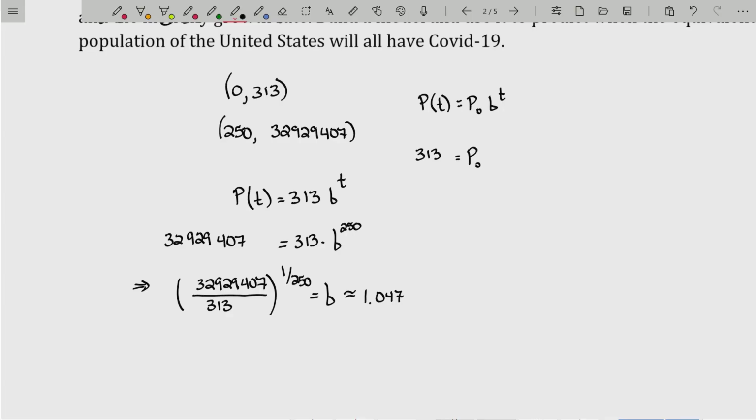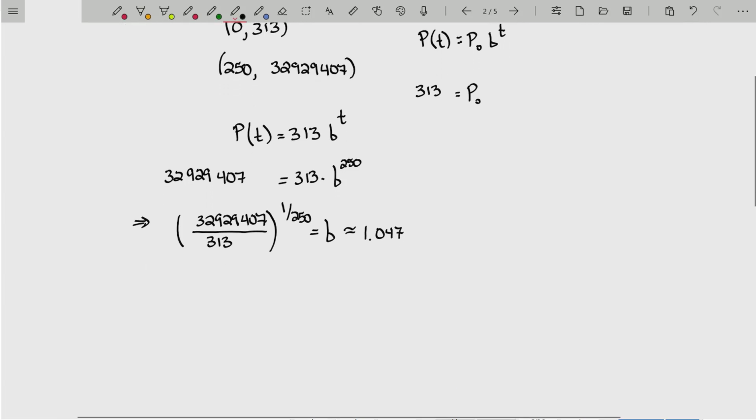And so there you see, I've just written down that b is roughly that. And so our population model, again, for those who have confirmed cases of COVID-19, is 313 times 1.047, roughly, I should say, not equals, but roughly, to the t power.